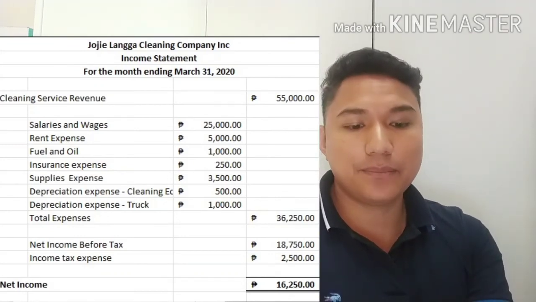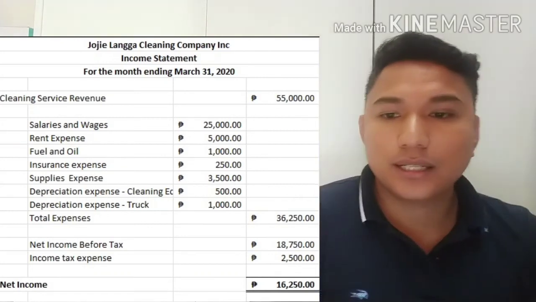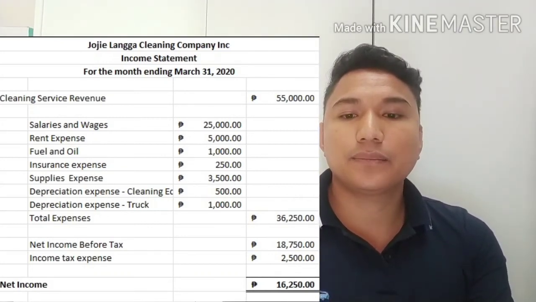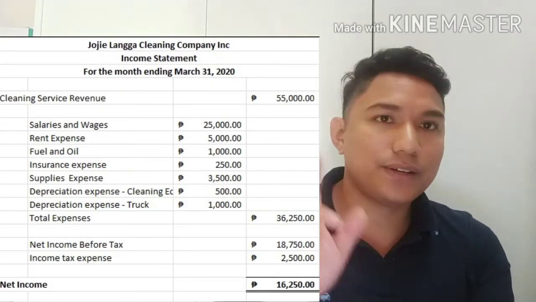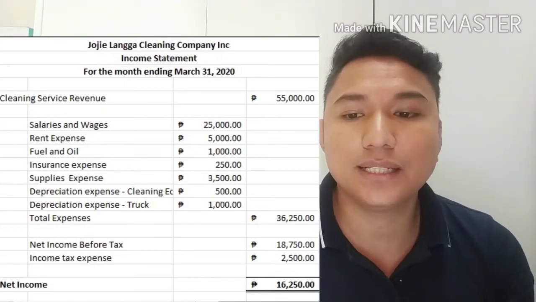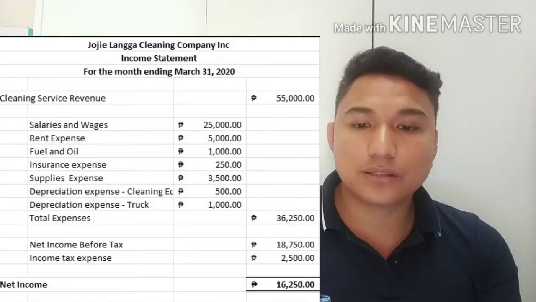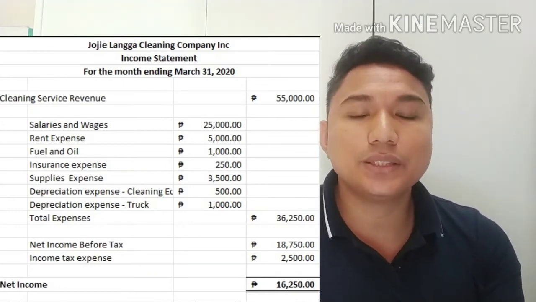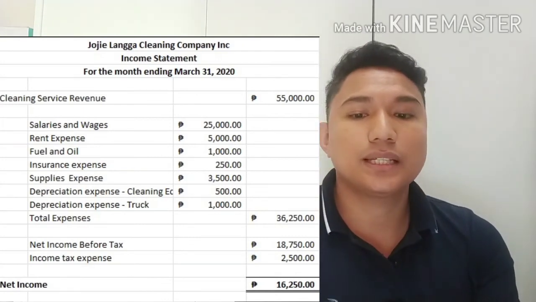So what are the accounts? Cleaning service revenue, 55,000 credit. So we have revenue of 55,000. We have a total expense for operation of 36,250.